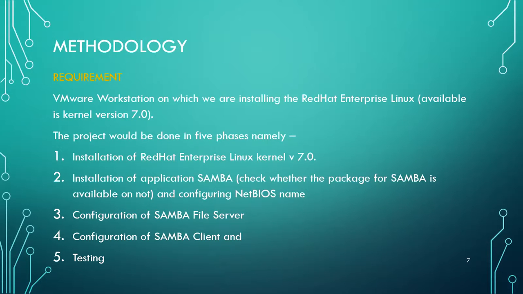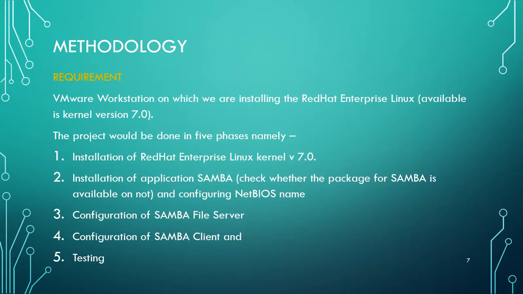The methodology. Firstly we have to install the Red Hat Enterprise Linux version 7. Version 6 is not used nowadays because there are many new features in version 7 as compared to version 6, as many of the threads or processes are outdated. Then comes installation of the application SAMBA.